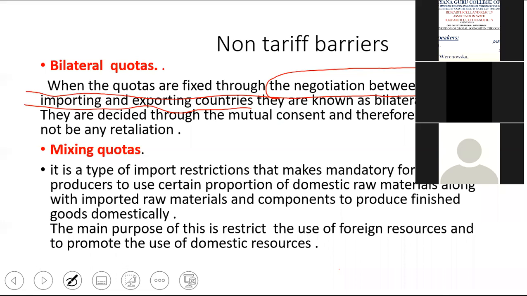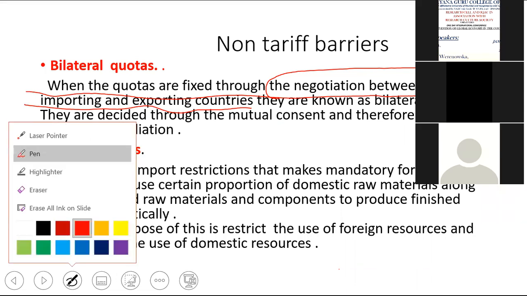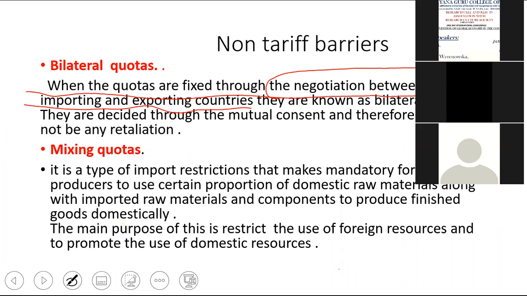What is mixing quota? It is a type of restriction that makes it mandatory for the producer to use a certain proportion of domestic raw material along with imported raw material. There is an agreement from the part of the Government of India.